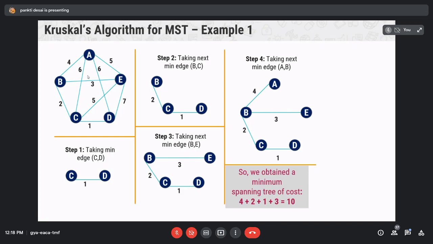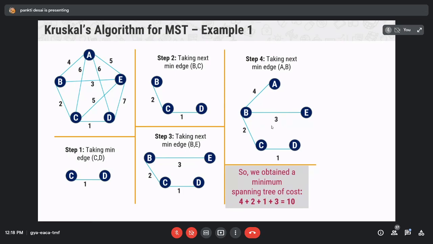Now, we obtain a minimum spanning tree of cost 4 plus 2 plus 1 plus 3, that is 10, right? So 10 is the weight of this spanning tree. And this weight is minimum for creating this spanning tree, so we can call it a minimum spanning tree.